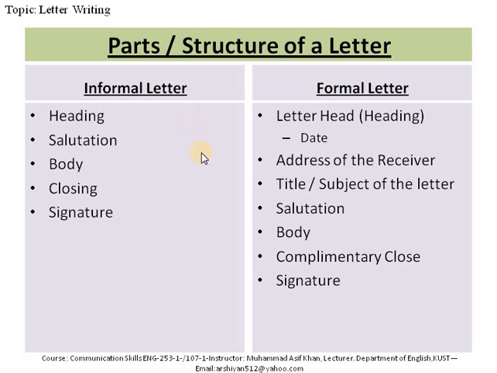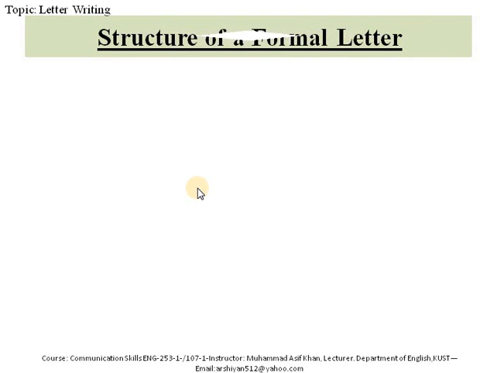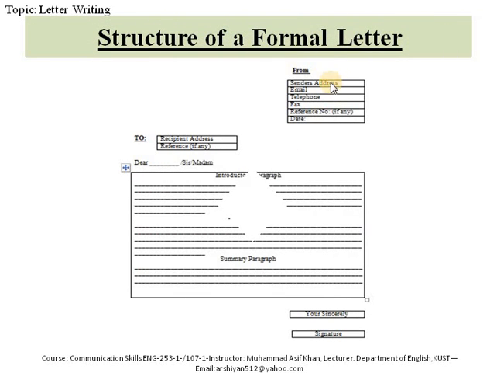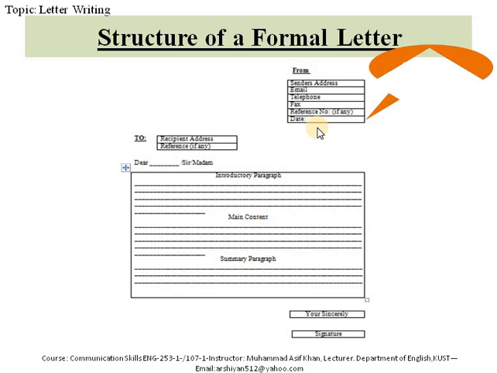Now let's see the general structure of a formal letter. First of all, we write down the heading, and we see that most professional business correspondence is printed on letterhead templates. A letterhead is that part, as I highlighted here, that contains the company's name, address, and contact information.